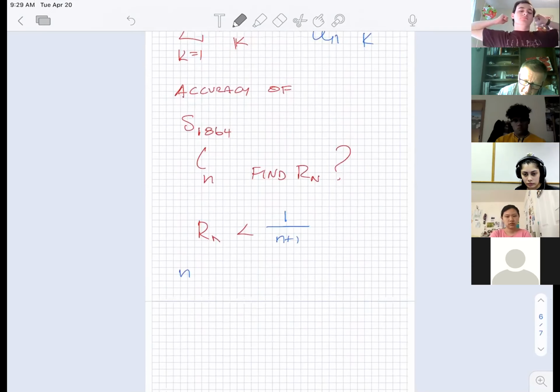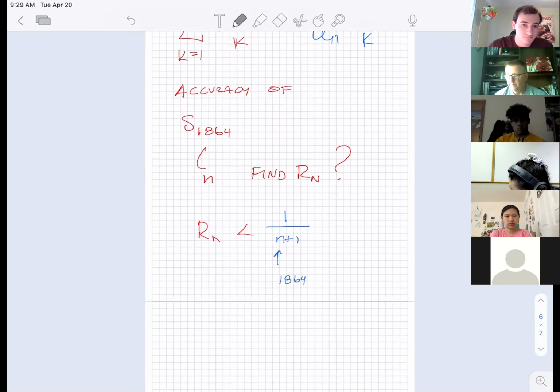So let's see, n plus 1, if I multiply it to the other side. Wait, I don't need to multiply it to the other side because we know n is 1864. So we're done. So of course it'd be 1 divided by 1865. What is 1 divided by 1865?